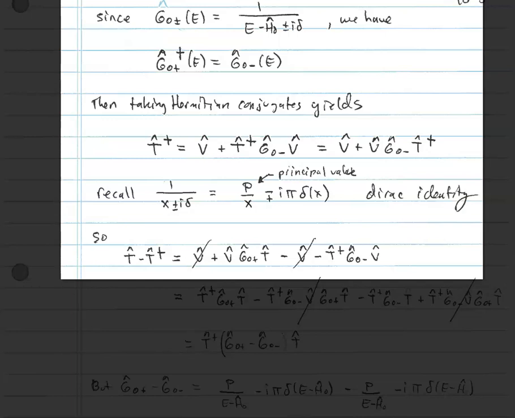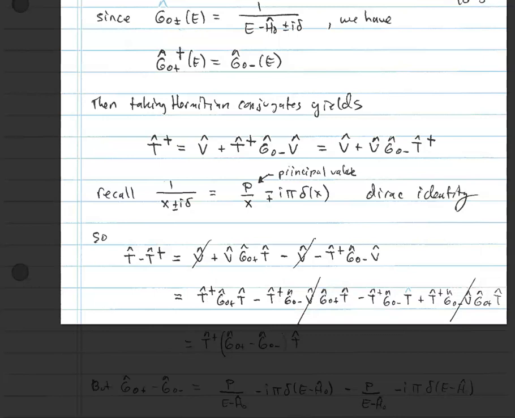And then what I'm going to do is I'm replacing the v. So now if I look at that top equation, t dagger equals v plus t dagger g0 minus v, or v equals v plus v g0 minus t dagger, I'm going to be replacing the v by a t dagger minus t dagger g0 minus v. So I'm going to be using the first form of that equation.